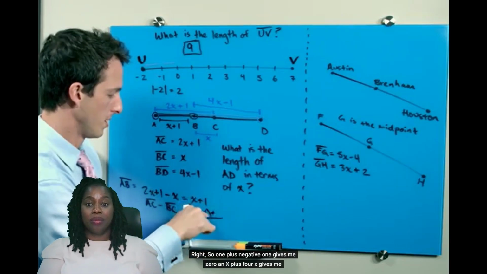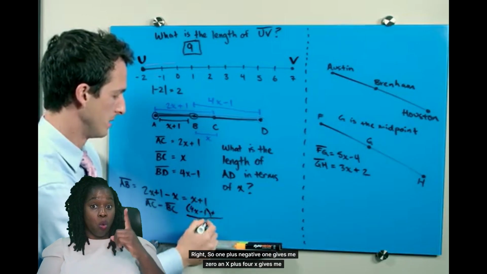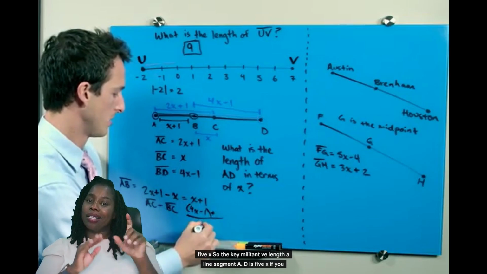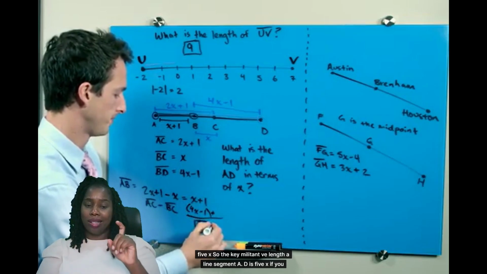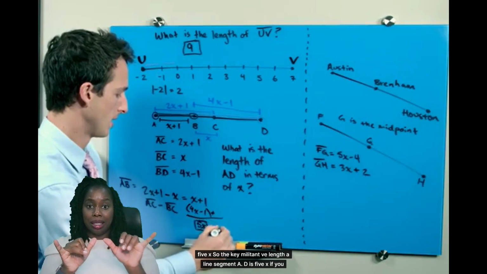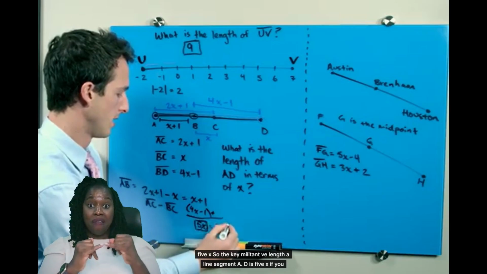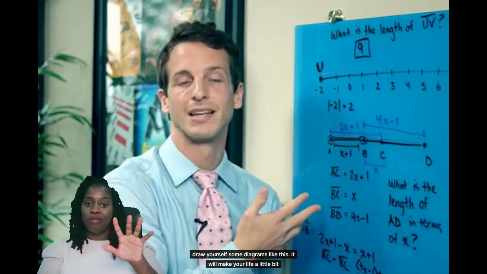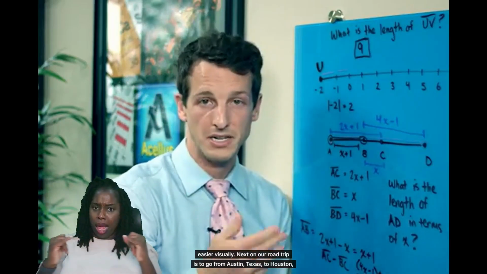Right, so 1 plus negative 1 gives me 0, and x plus 4x gives me 5x. So the cumulative length of line segment AD is 5x. If you draw yourself some diagrams like this, it'll make your life a little bit easier visually.